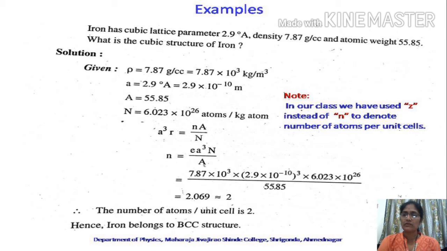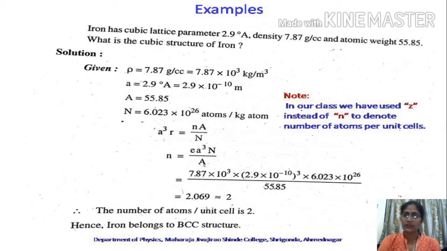Like that, we have also seen the packing factor values for SC, BCC and FCC. They are found as 0.52 for SC, then 0.68 for BCC and 0.74 for FCC crystals.